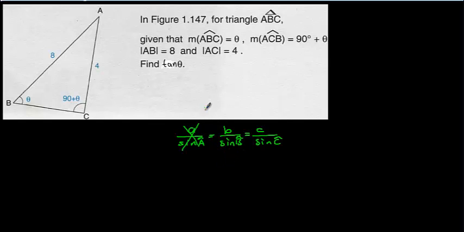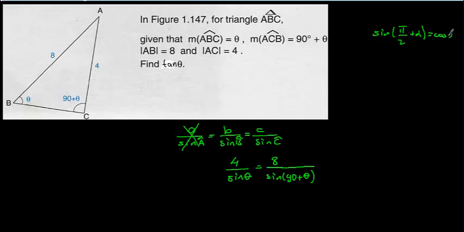So 4 over sine theta is equal to 8 over sine of 90 plus theta, which is sine of pi over 2 plus theta, equal to cosine theta, and it is in the second quadrant, where sine is positive.